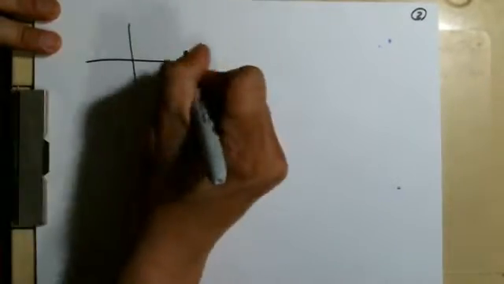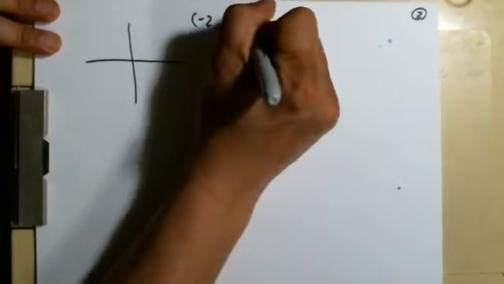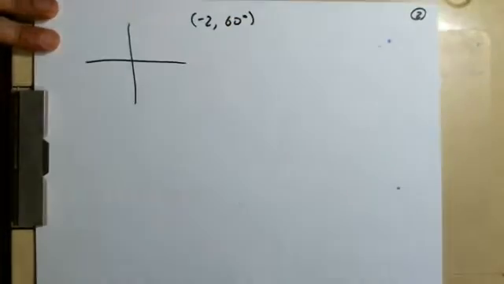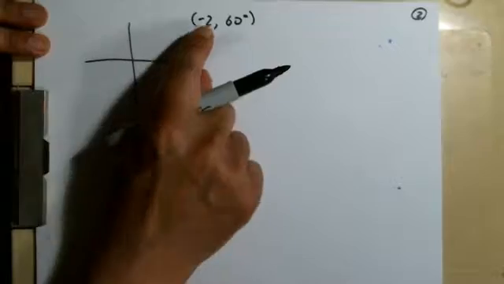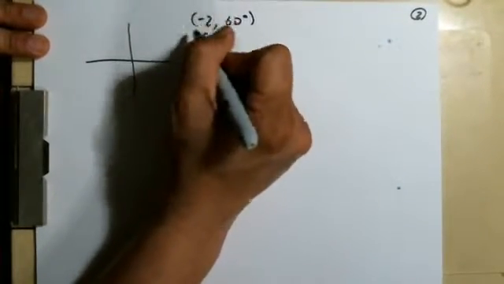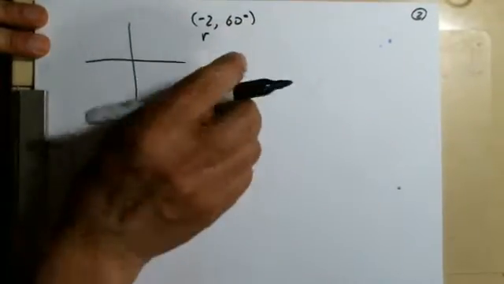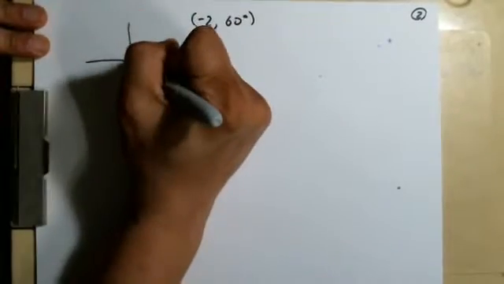Let's look at a different situation now, where you have negative 2 comma 60 degrees, or that would be pi over 3, obviously. But this time we have a radius which is negative. What do we do with this radius of negative 2? Well, we obviously start at the origin. You go to the 60-degree mark right over here.